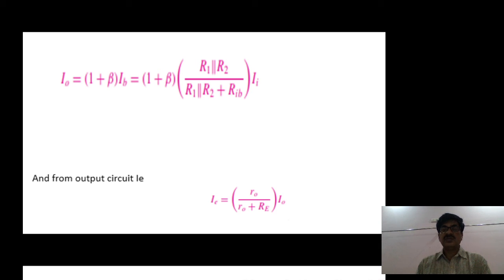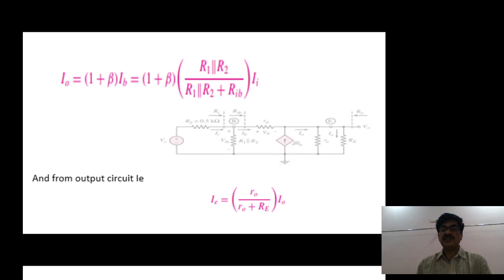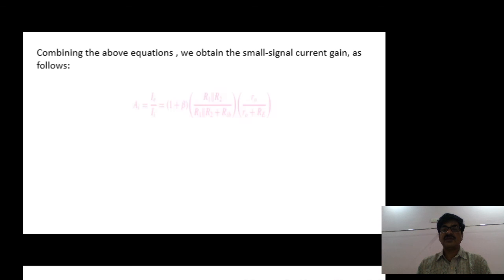Now using these two equations, if you substitute, the current gain AI equals IE divided by Ii, equal to 1 plus beta into R1 parallel R2 divided by R1 parallel R2 plus RIB, into R0 divided by R0 plus RE. Like that the current gain is derived in the emitter follower or common collector amplifier.